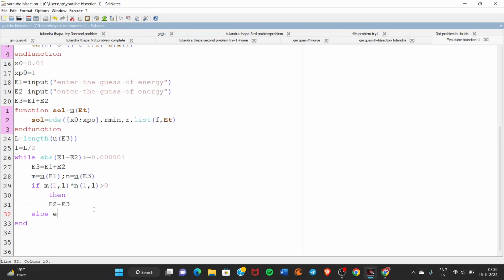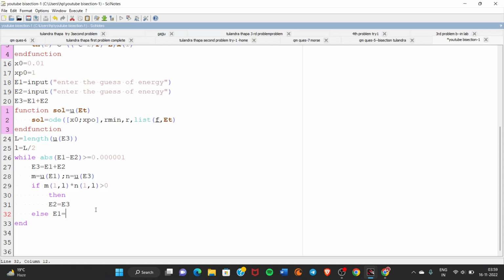Simply, if E2 is not equal to E3, then something has to be equal to E3. Something meaning, if we have taken the correct values of E1 and E2, then there should be one interval between them that has the root or solution of the equation.